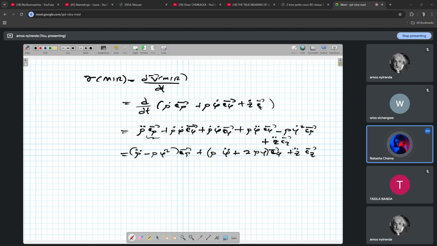The last expression here. For the last expression, we've just grouped the like terms. No, the two. This is two, yes, 2 rho point phi point. Okay. So if you just observe what is happening here, you'll be able to find the last expression.